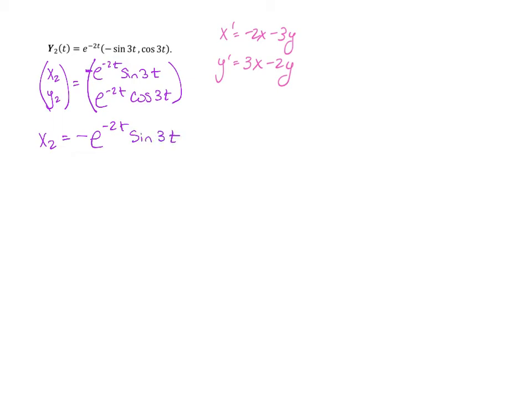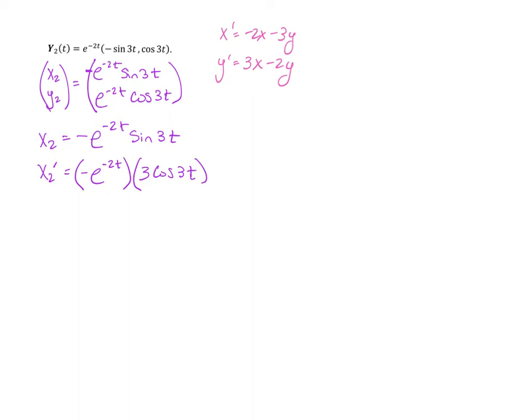So let's start here and calculate the derivative, x2 prime, using the product rule. So we have first, negative e to the negative 2t, times the derivative of the second, which is, the derivative of sine is cosine, and then because of the chain rule, we have a 3 cosine 3t.